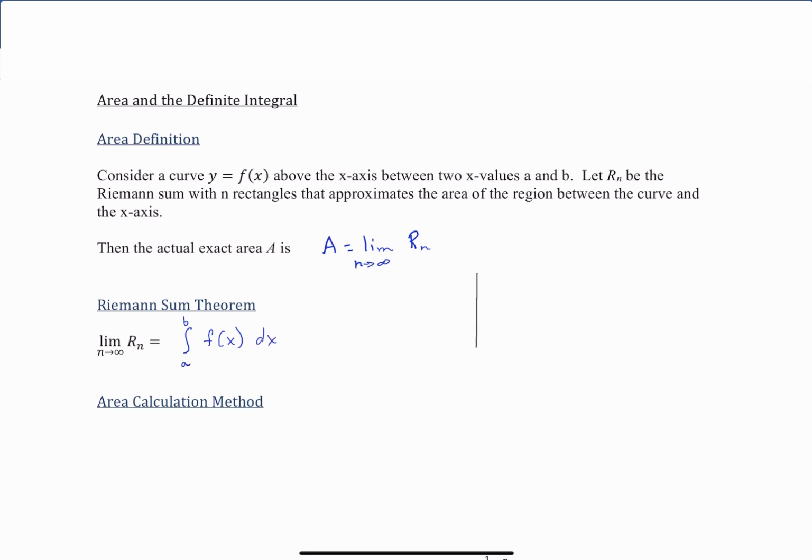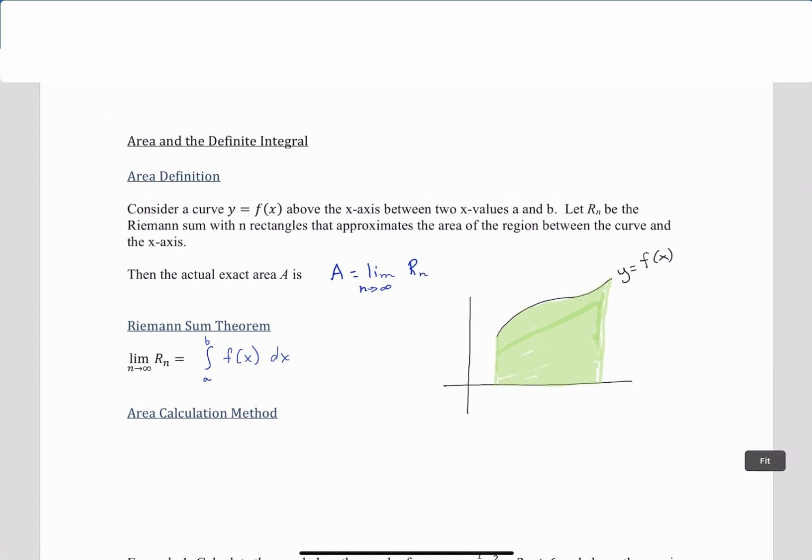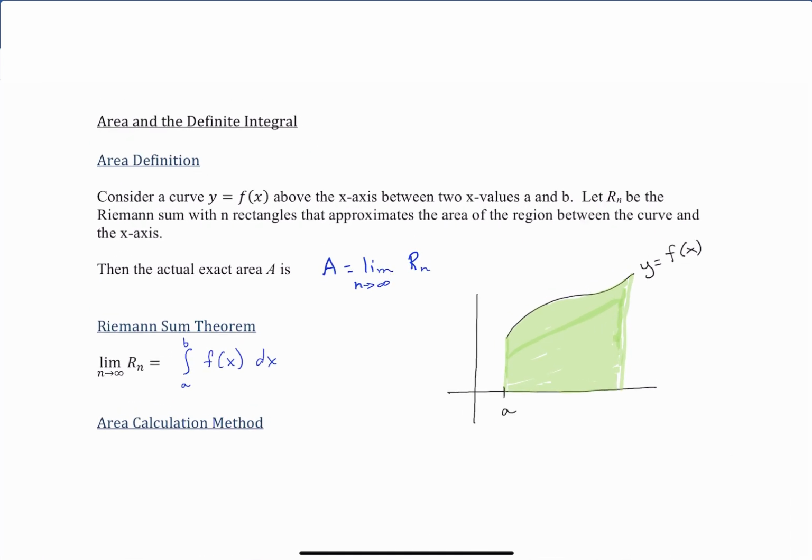And maybe I should make a sketch here to remind us what we're talking about. If I've got some function, f of x, and I want to know the area underneath that function and above the x-axis, between two x coordinates, that's what I'm calling the a and b, it turns out that area is the definite integral of the function from a to b.